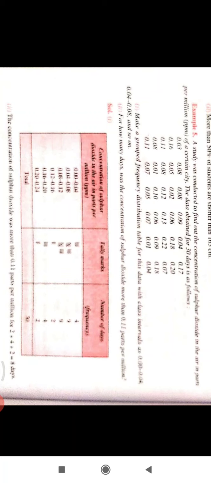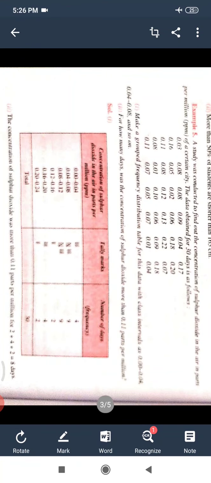You will obtain 4 numbers: 0.01, 0.03, 0.02, then 0.01. In this way you will obtain 4 numbers. So in tally marks, draw 4 standing lines and write frequency 4.